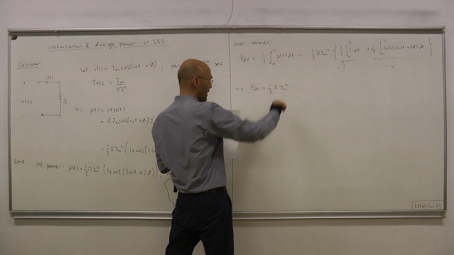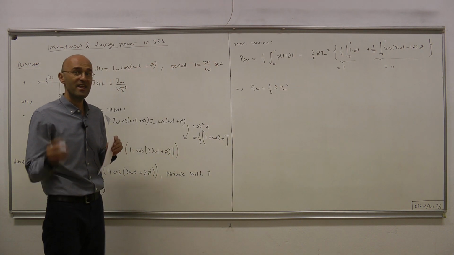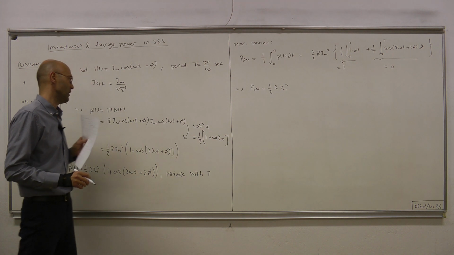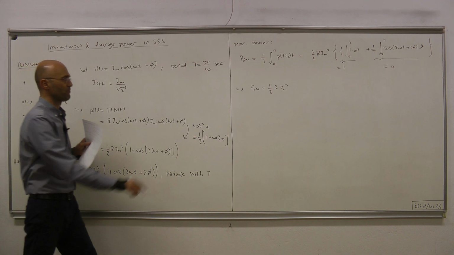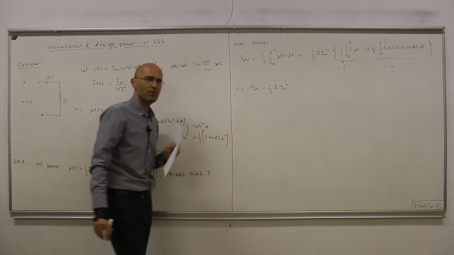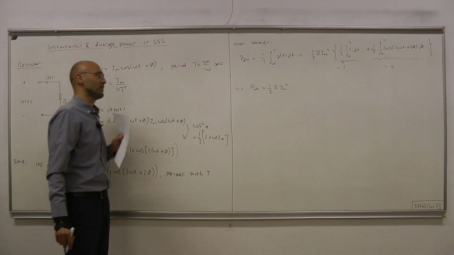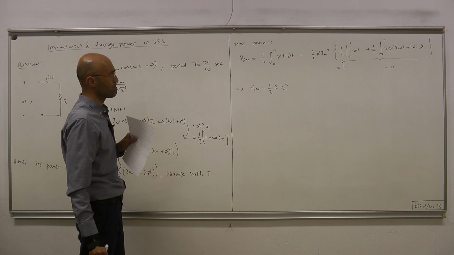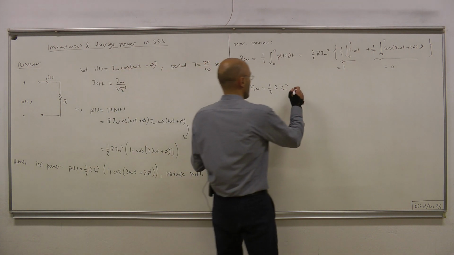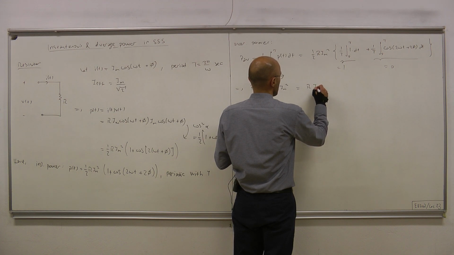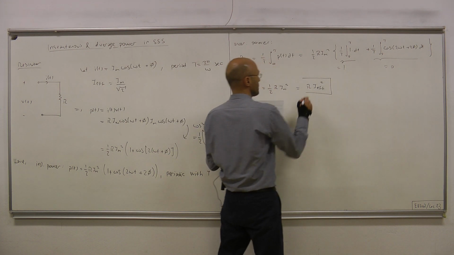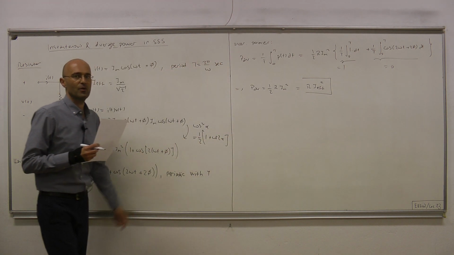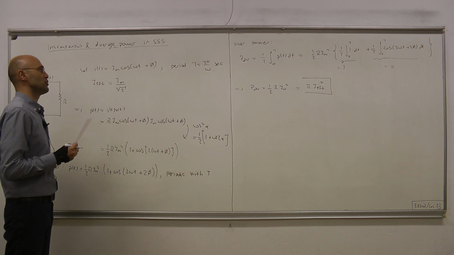Im divided by square root of 2 is the effective value, or the RMS value, of this signal I of t. Hence, the average power can be written very nicely in terms of the effective current value. In other words, we have R times I RMS, or I effective, squared. Okay, so that's the average power for a resistor.